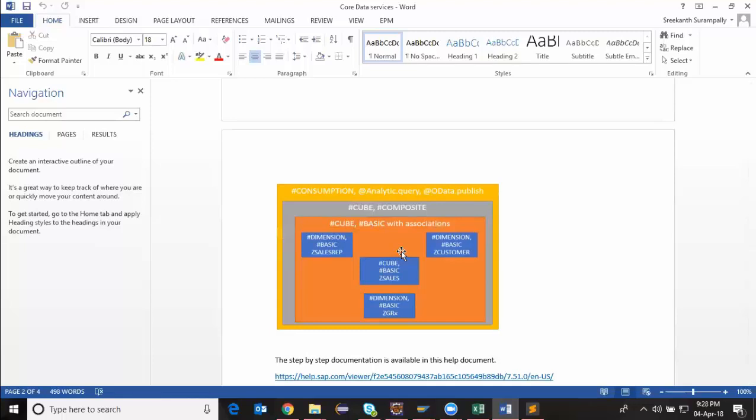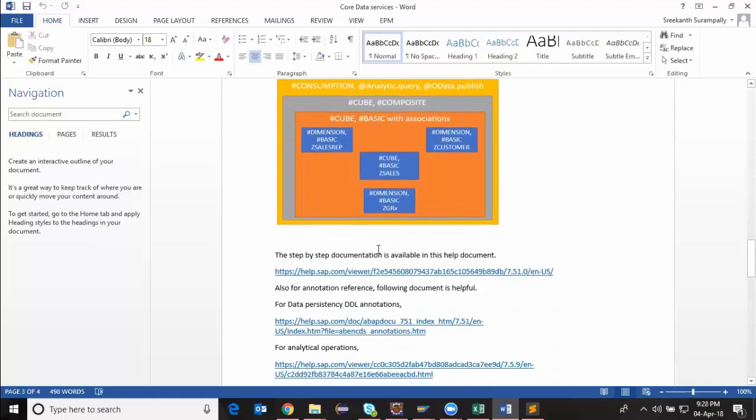Intermediate or interface views are going to be in between to combine several views, and then consumption views are going to be your analytical views. These views will be used for business reporting and analytical purposes. So we will see all these three different views in our video. This is called the virtual data model. You had a virtual data model in HANA Live before with calculation views. Now we have a virtual data model with CDS views.